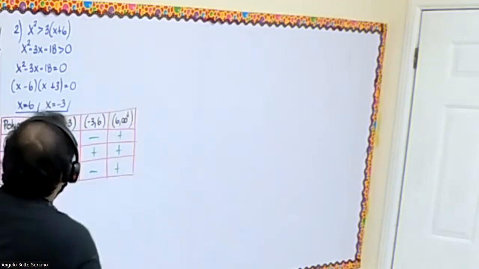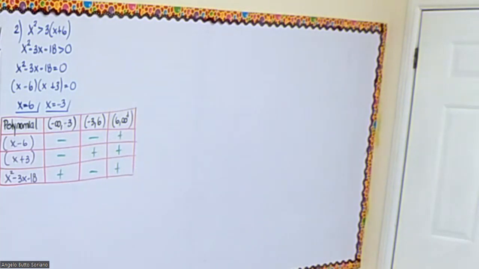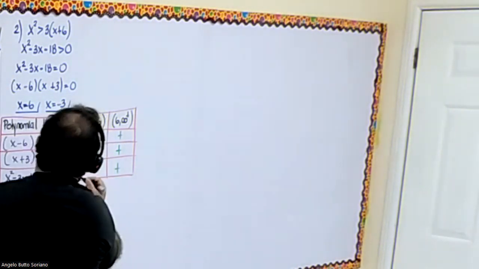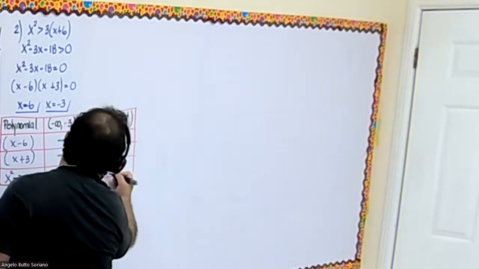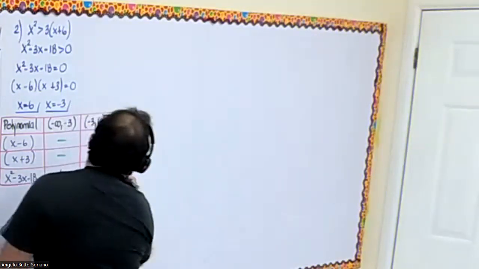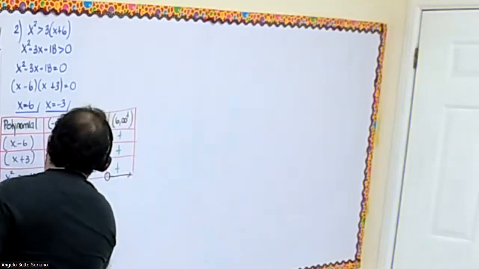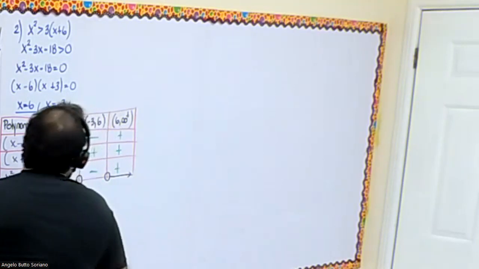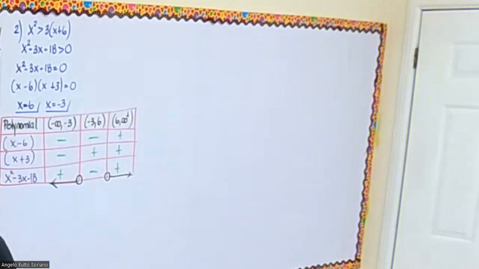Y vamos a hacer la gráfica. Because the problem says greater than 0, it will be the positive. I'm going to draw the circles, but this time I won't fill in the circles. And the graph will be looking for the positive sign again.